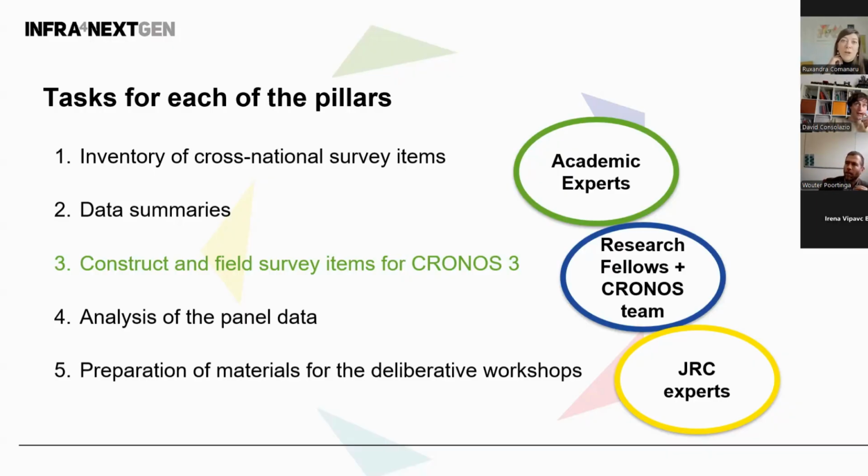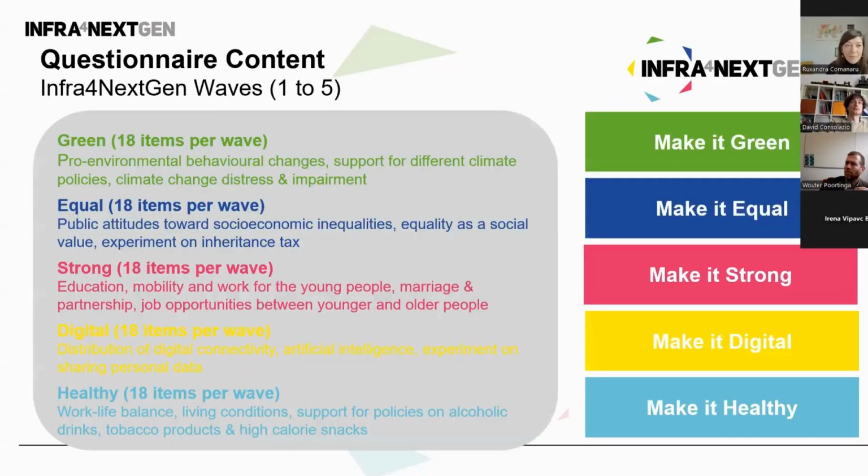So before our Chronos data was released, so data from the different research infrastructures, different surveys that was already available. We've also constructed and fielded survey items for Chronos 3, which is the new data. And we have conducted analysis of the panel data, and we've prepared materials for the deliberative workshops.